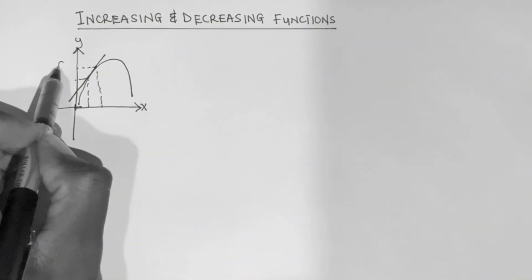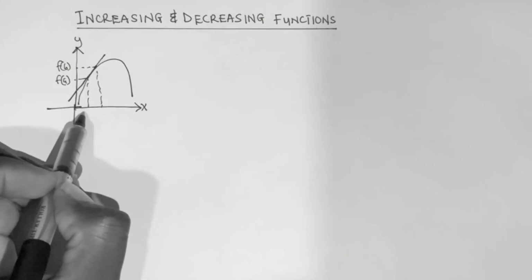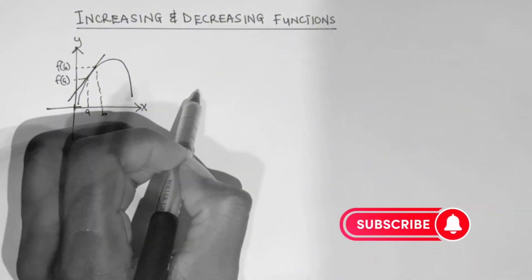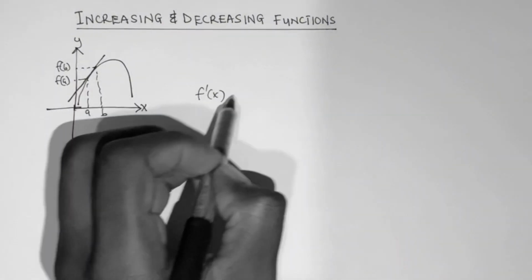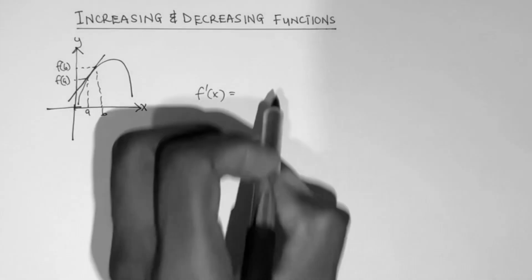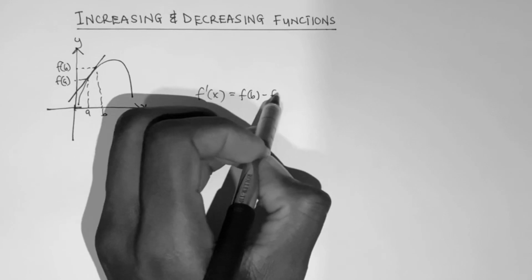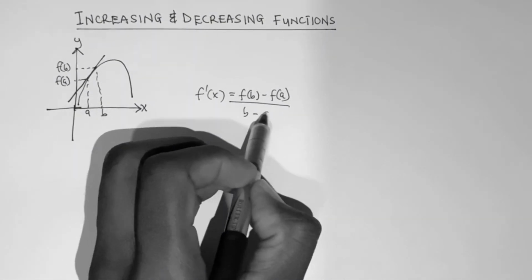So let's assume this is f of b, and then this is f of a, and then this is a and b. So to find the tangent, f prime of x is equal to f of b minus f of a divided by b minus a.